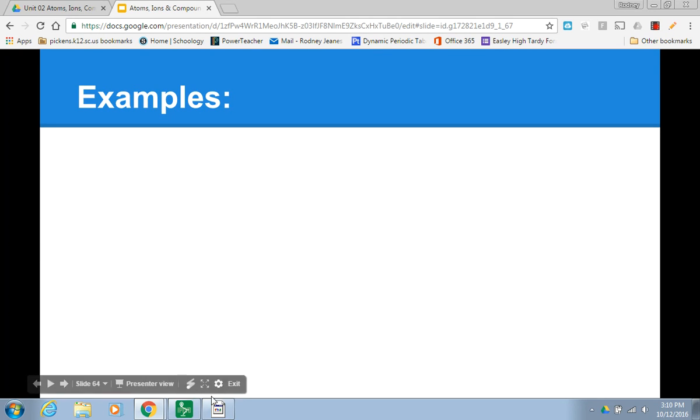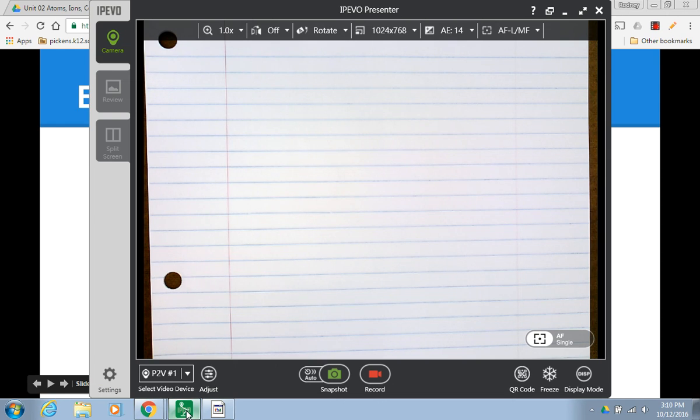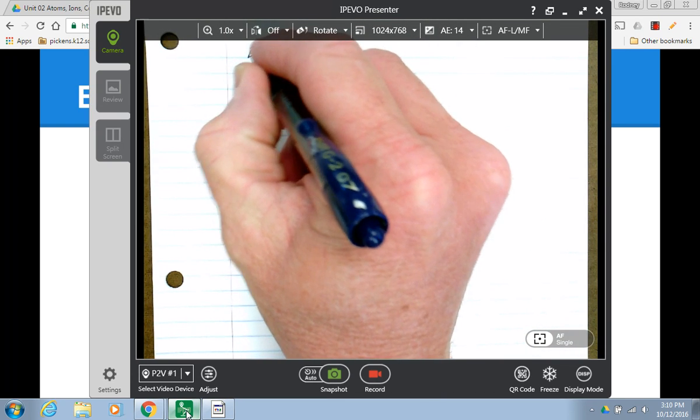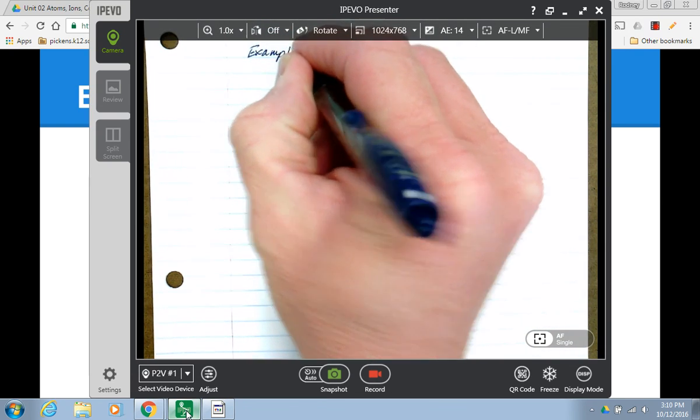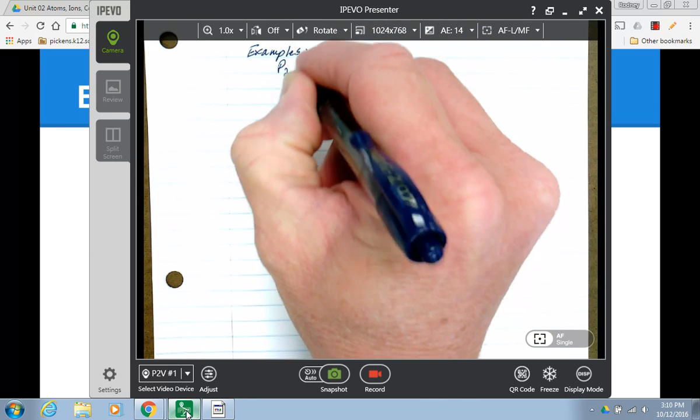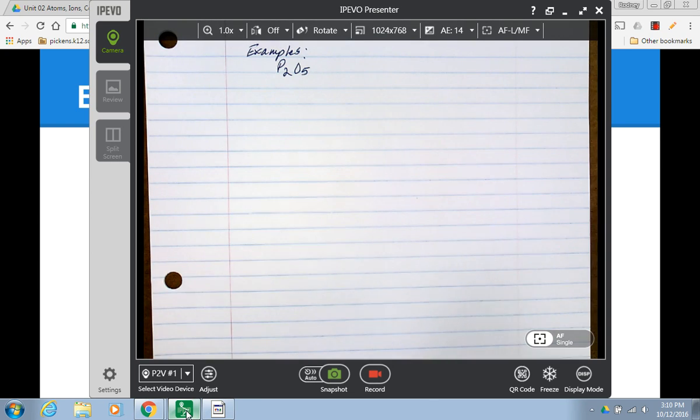All right. So now let's take a look at a few examples of how we write covalent compounds. So again, these are nonmetals to nonmetals. So our first example here is P2O5.